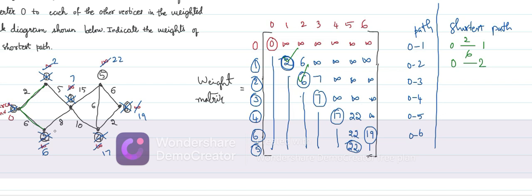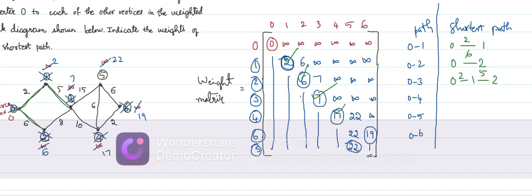But here 2 plus 5 is 7, so this is the minimum path, so we have to choose this, right? 0 to 1, the weightage is 2, and 1 to 3, the weightage is 5. The total weightage is 7. That satisfies this.